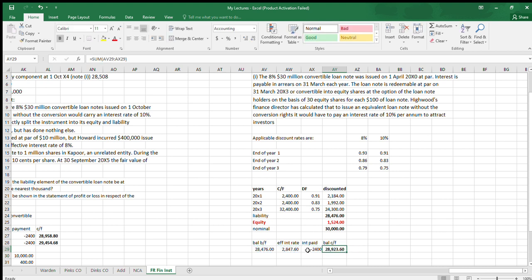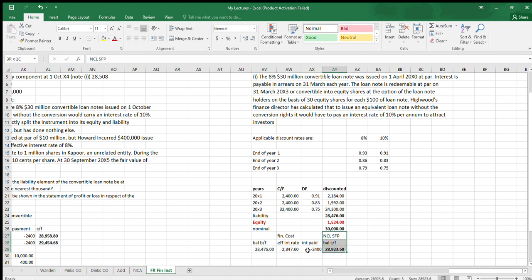So now here the effective interest will go into the statement of profit and loss as your finance cost. And now this one will go to non-current liabilities in the statement of financial position. This is your liability.